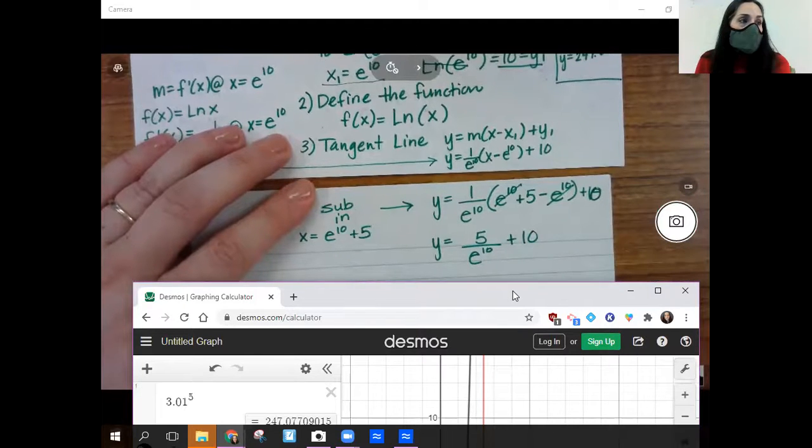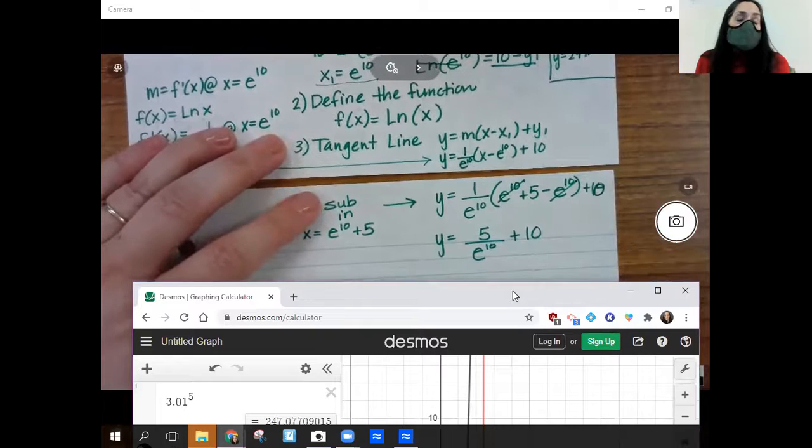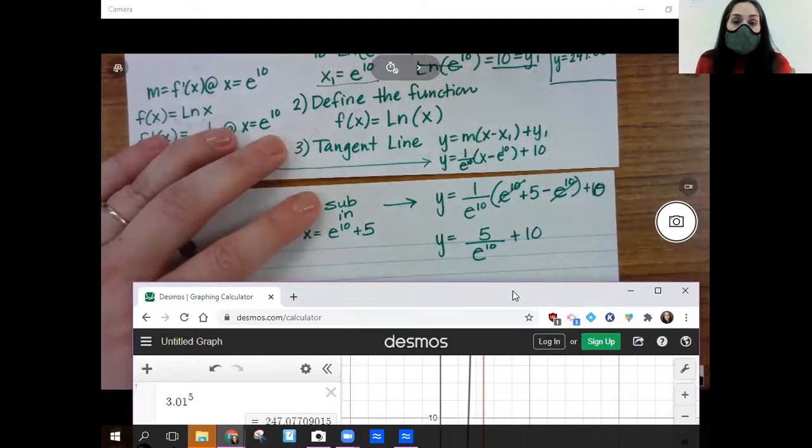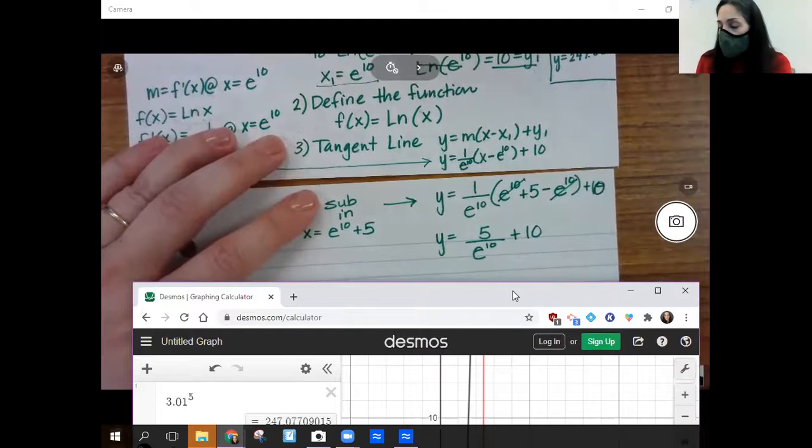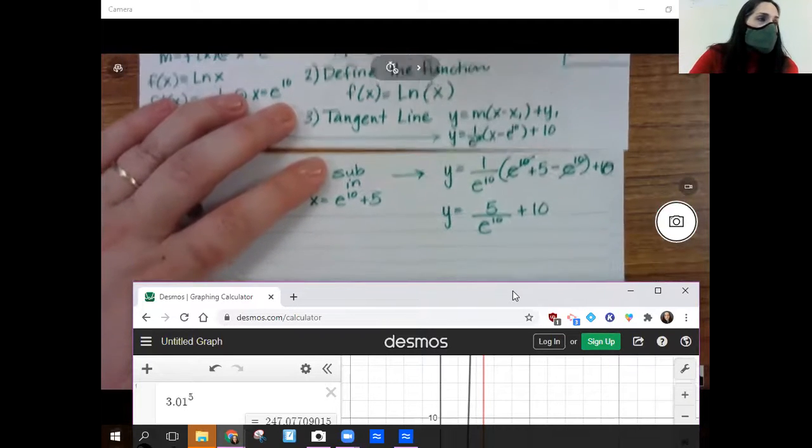Okay. Now this one, I mean, you've got e's and all kinds of stuff, so this one is not as easy to do mentally. Definitely not. The other ones are, but once you get into logarithms and stuff, you're going to need a little bit of help with your calculator.